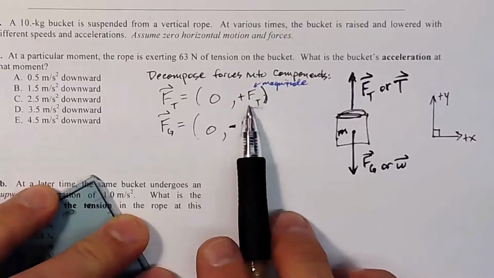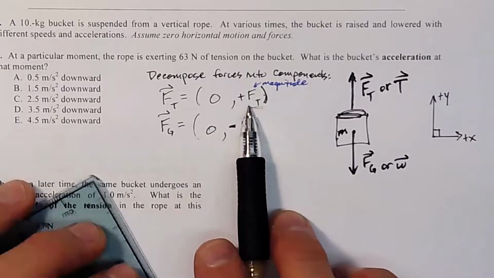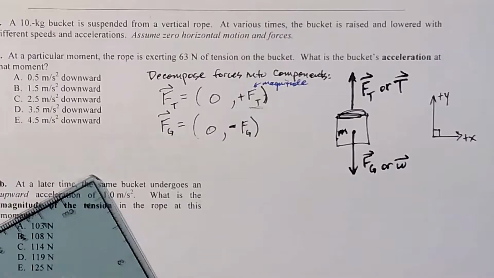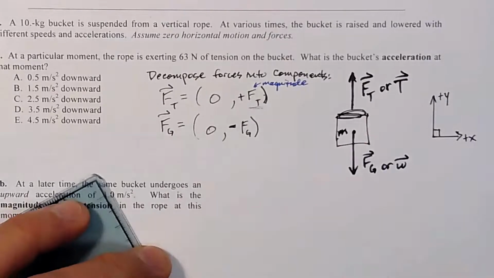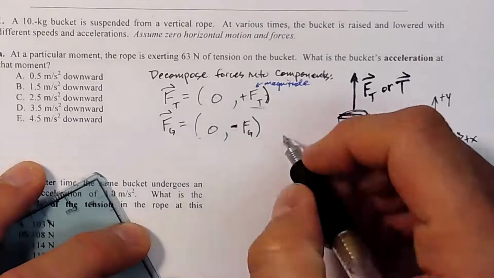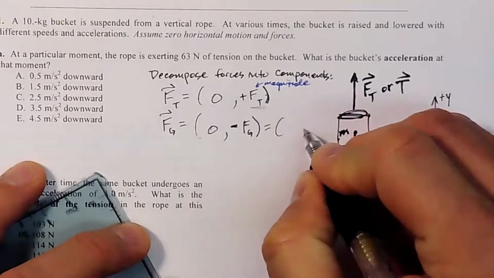This is one of the few things we know. We don't have an equation that tells us the magnitude of tension in all cases. We have to solve that specifically for every problem. The same is true for normal force. There's no one size fits all equation for normal force, but for weight, there is a one size fits all equation. Regardless of how this bucket is moving, the weight is always going to have a magnitude equal to m times g.